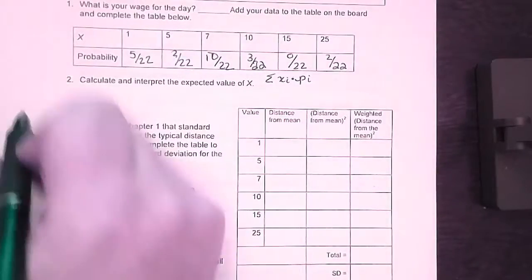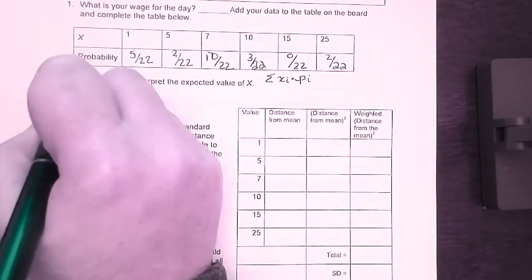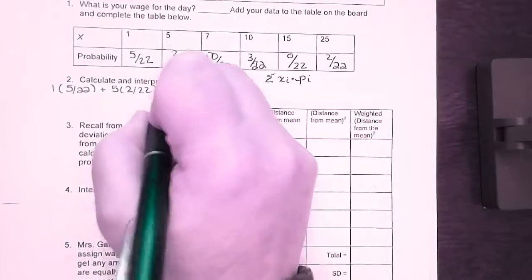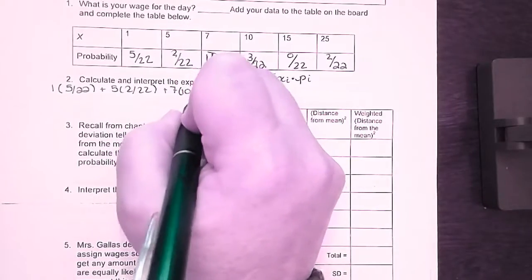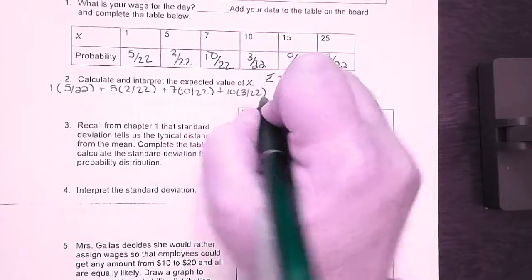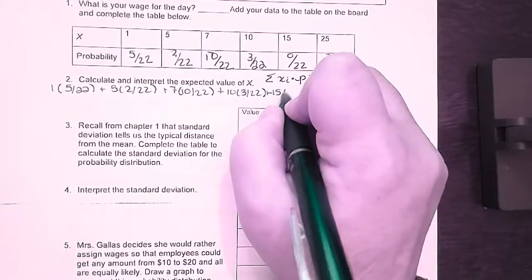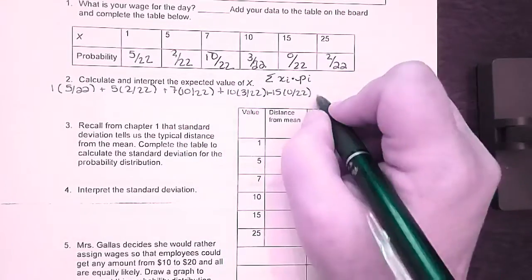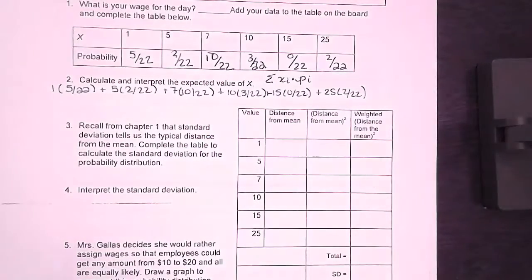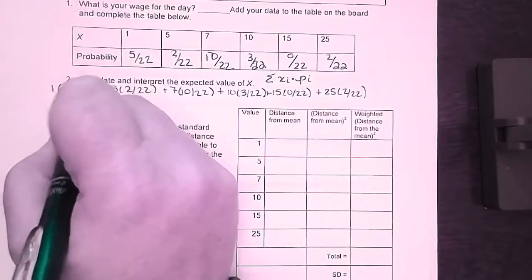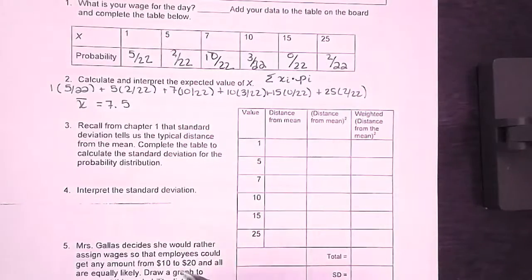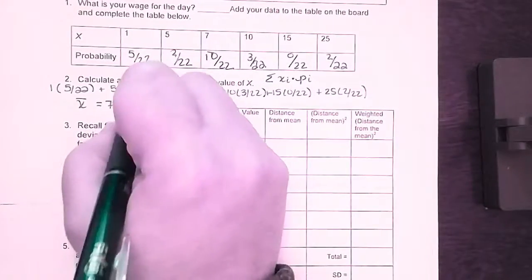So the way I would do that is 1 times 5 out of 22, plus 5 times 2 out of 22, plus 7 times 10 out of 22, plus 10 times 3 out of 22, plus 15 times 0 out of 22, which is still 0, plus 25 times 2 out of 22. Okay, so we get approximately 7.5.